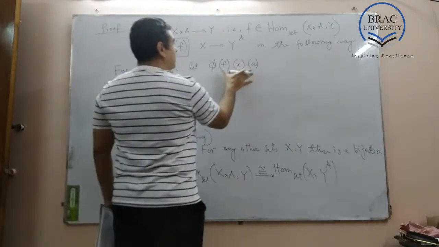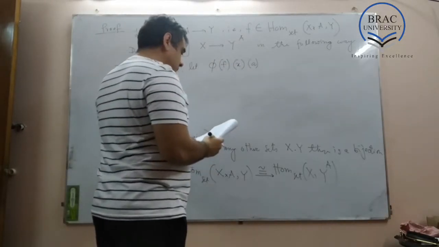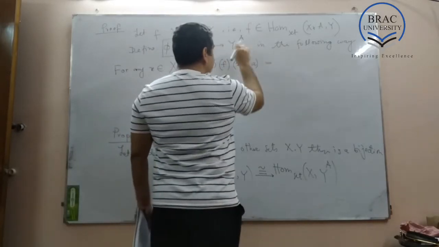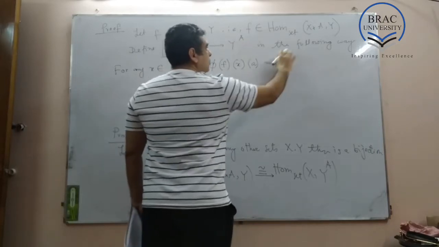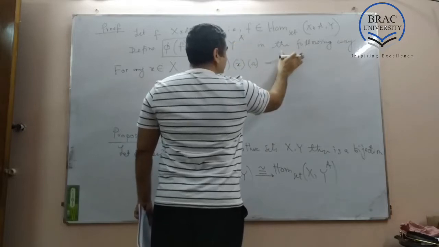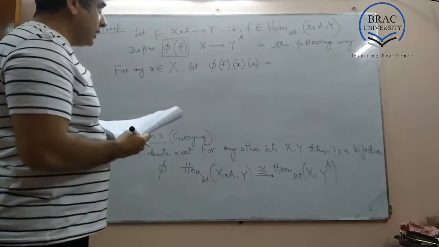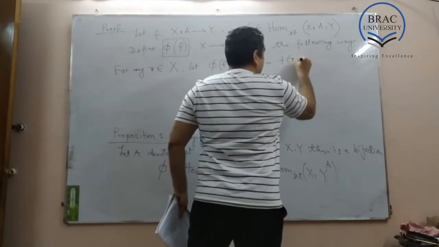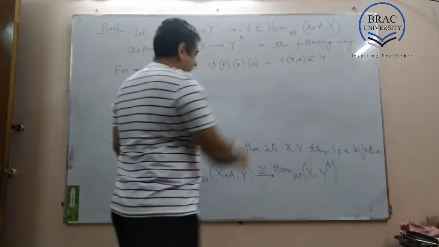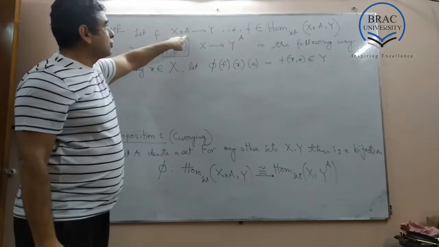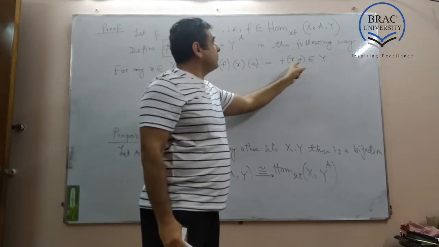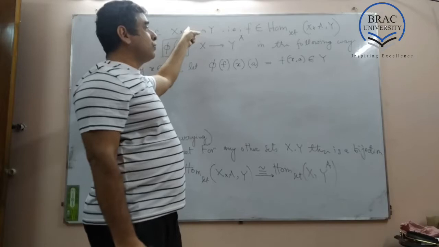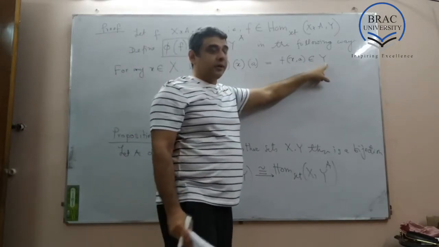The final result will be in Y. So we choose that element to be f of (x, a), which is of course in Y, because by definition F is a map from X cross A to Y. So f of (x, a), given that x is in X and a is in A respectively, is definitely in Y.